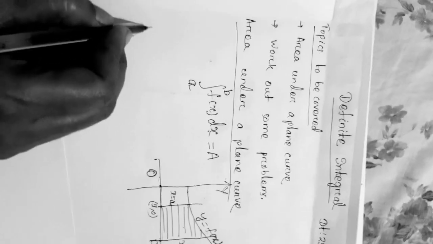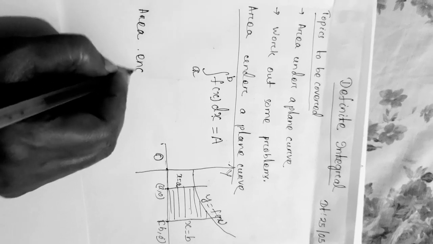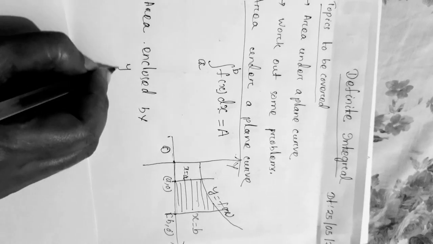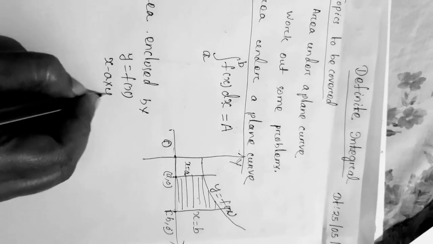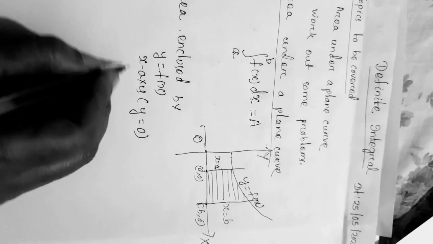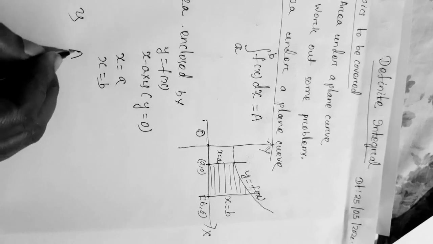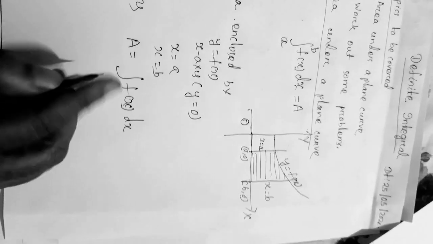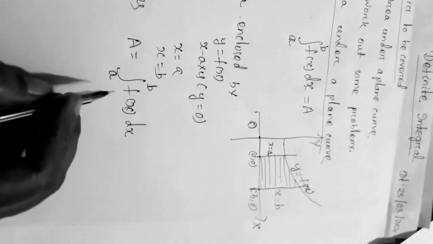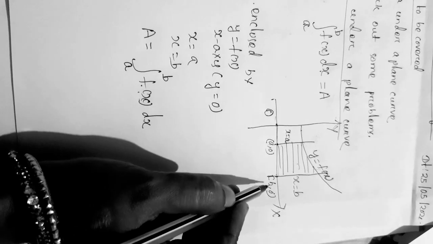Let me write this conclusion: the area enclosed by the curve y is equal to f of x, the x-axis, that is the line y equal to 0, and the lines x is equal to a and x is equal to b is A, equal to the value of the definite integral, that is, the integral of f of x with respect to x from x is equal to a to x is equal to b.